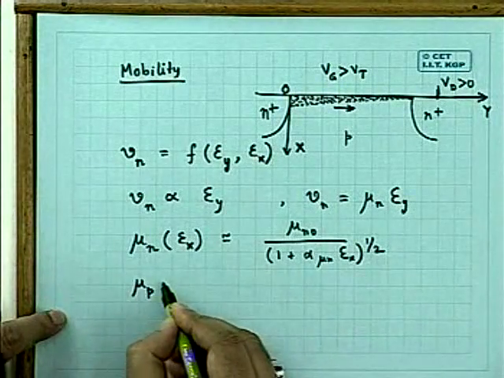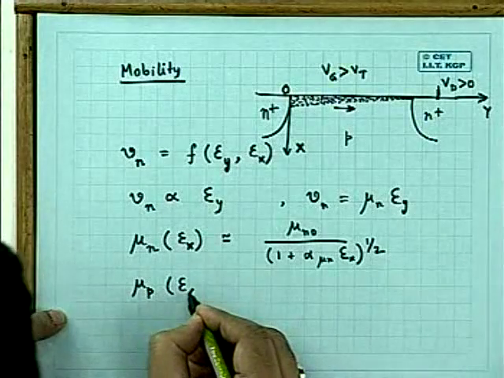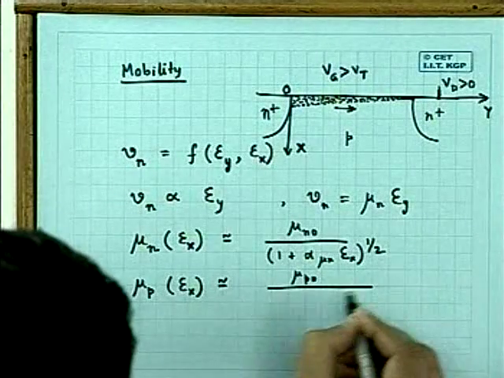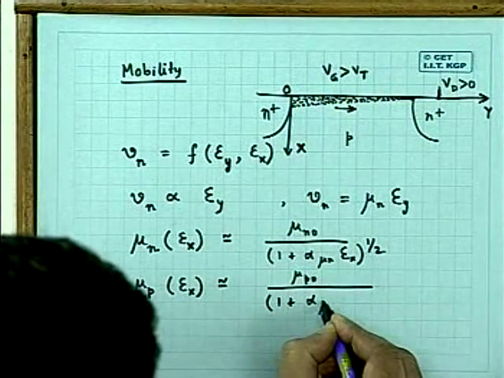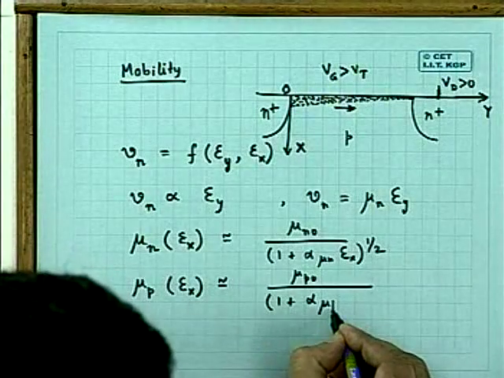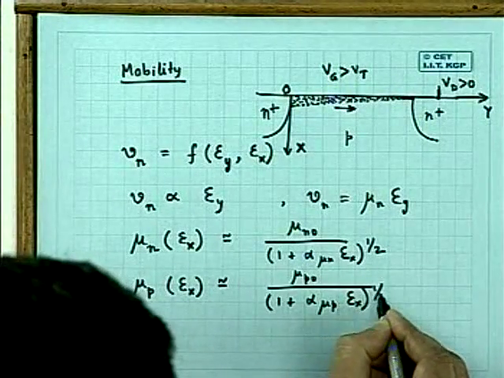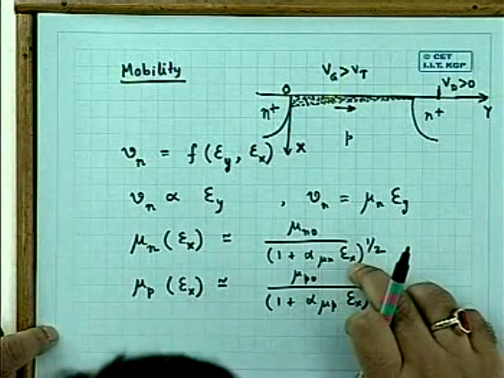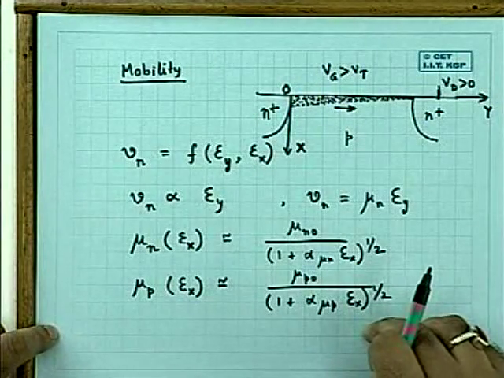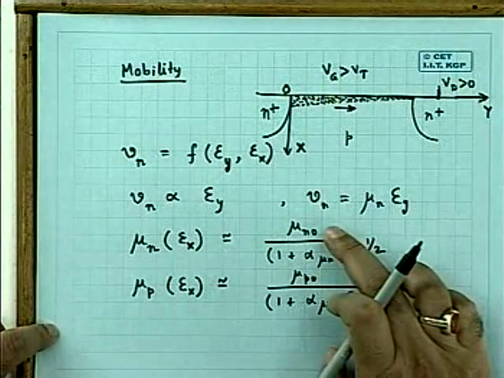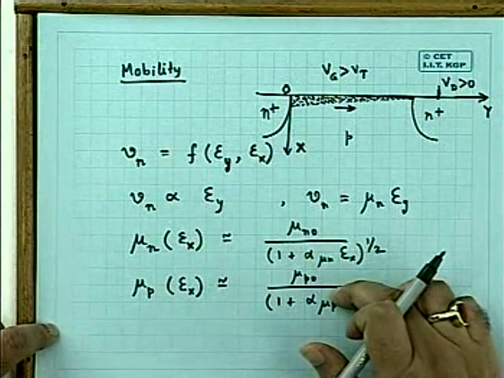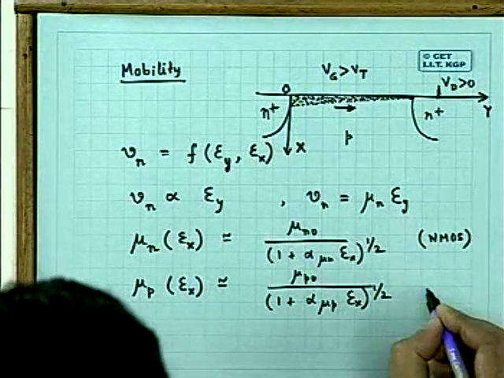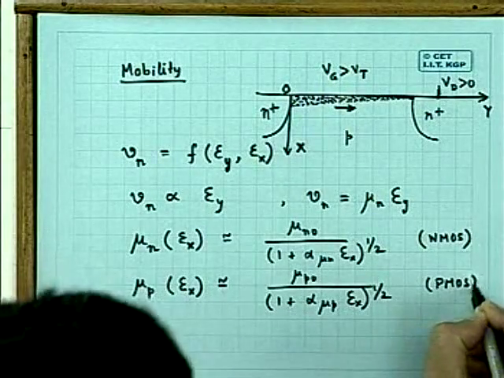Similarly, for holes, this is for electrons, for a PMOSFET for example, this can be approximated as the corresponding expression, where mu n0 and mu p0 are the values for which Ex is equal to 0. That means when there is no transverse electric field. Whatever this is for NMOS, this is applicable for PMOS.